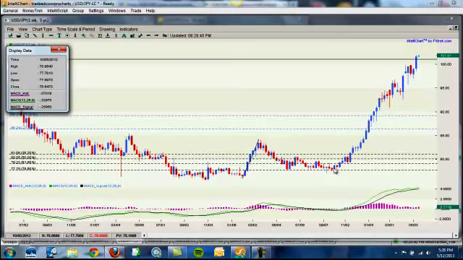Price was down at the 78.86 level. No, actually 77.78, so 7,800, and is now going as high as almost 102. Yeah, 101.97.